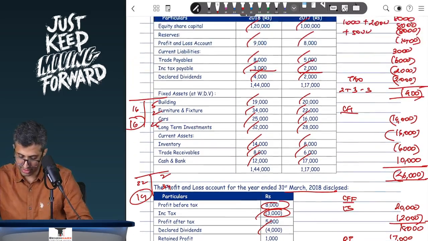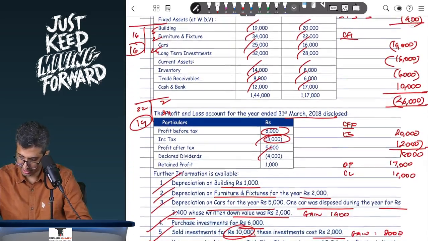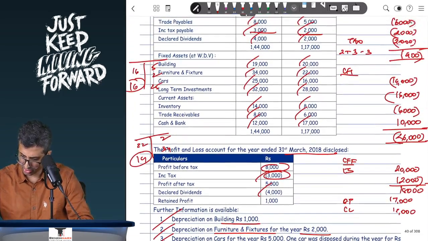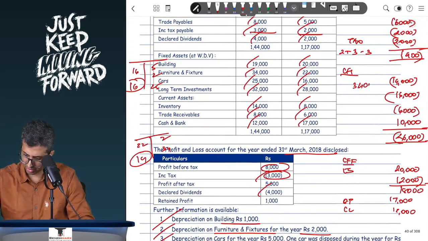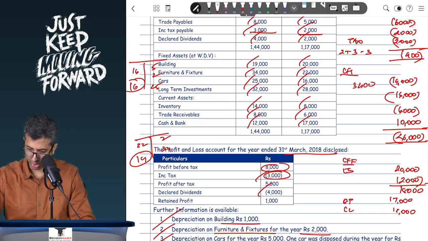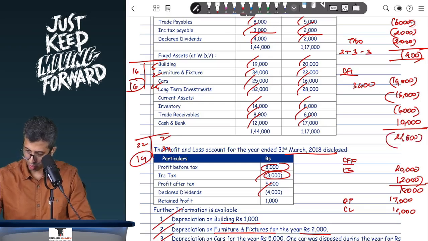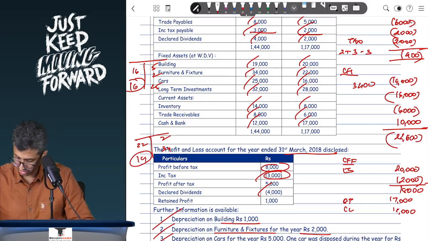I think I've missed out something somewhere. I think sale proceeds I've missed out. 3,400 sale proceeds in cash flow from investing. तो ये आपका 26,000 and 3,400, 22,600, and 5,000 and that's about it.